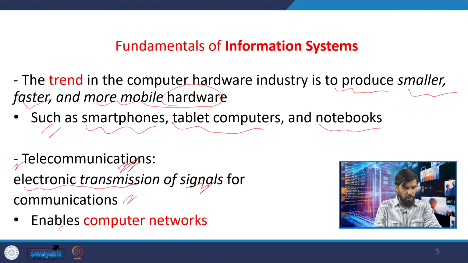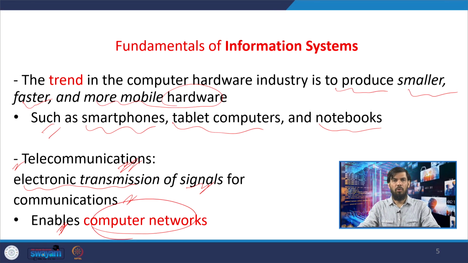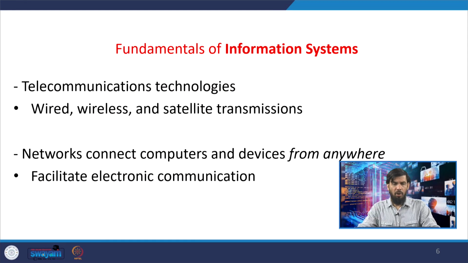So this telecommunication technology is the enabler for computer networks. So one computer can connect to another computer because electronic transmission is possible, because it is being facilitated by the telecommunication technology. So what are the options in terms of telecommunication technology?